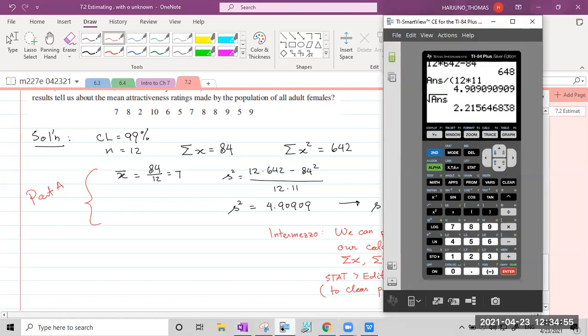Let's say, for example, on my calculator here, if I go to stat and I see the edit, I have some data in my list 1 and list 2. I want to clear them. You go to stat and then clear list, and you want to clear list 1 and list 2.